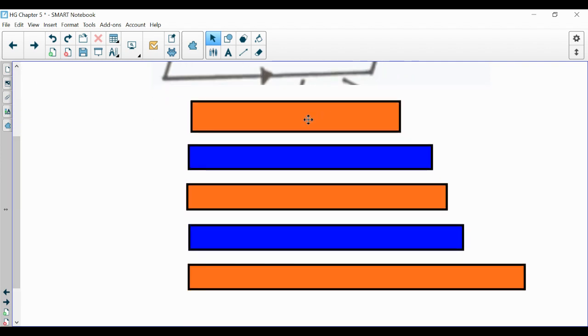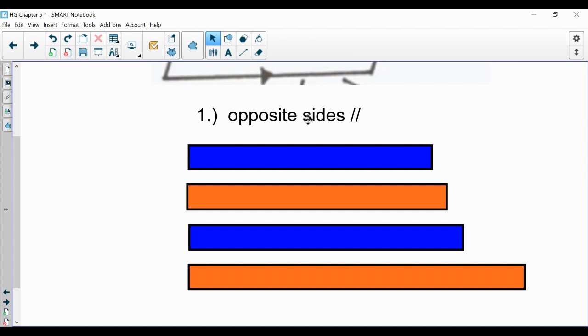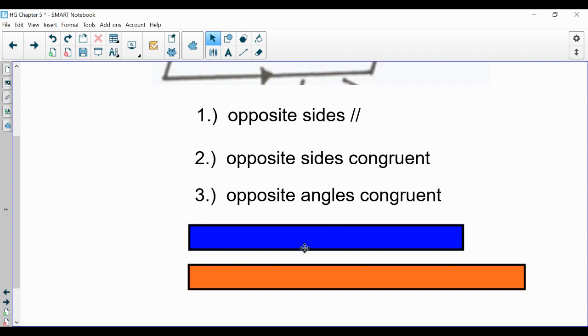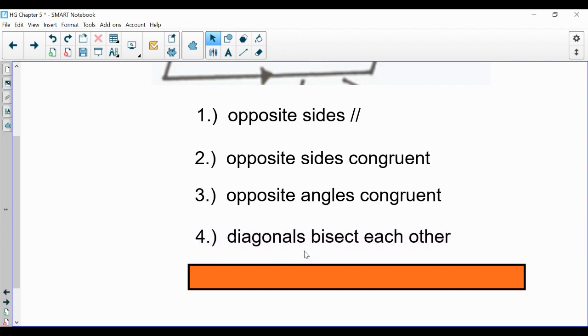Now, some of the properties that we get are opposite sides parallel. That is the definition. But then we also get that opposite sides are congruent. We also get opposite angles are congruent. And we can actually prove all of this, which is nice. Diagonals bisect each other.